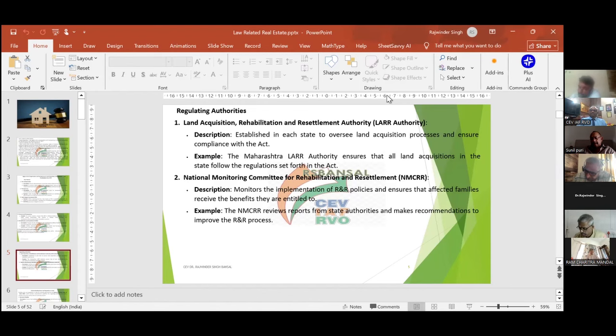So it monitors the implementation of R&R policies of the states and ensures that affected families receive the benefits they are entitled to. For example, NMCRR reviews reports from state authorities and makes recommendations to improve the R&R process.